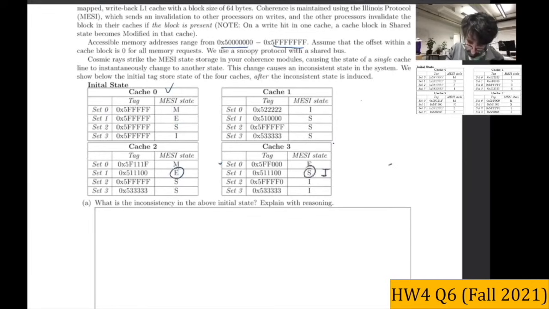So this could be invalid state, or this could be in shared state. So we have two lines in shared state. So okay, we detect our error here.